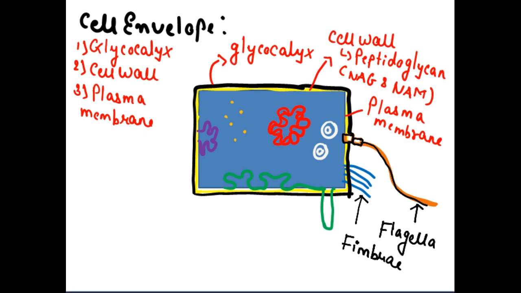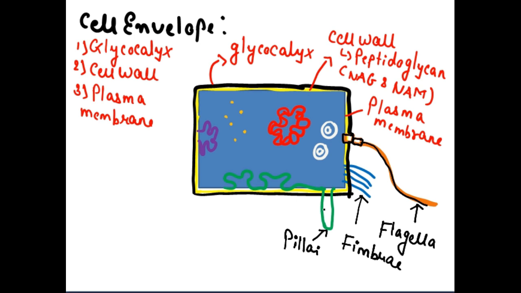Then another structure, this tube-like structure, is called pili. These pili help in the formation of the conjugation tube, which helps in the sexual reproduction in bacteria.